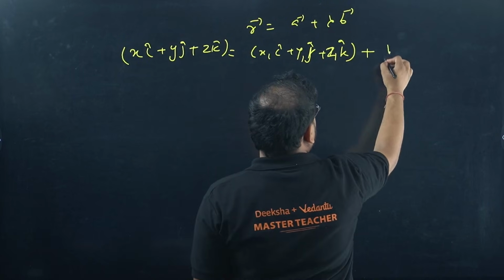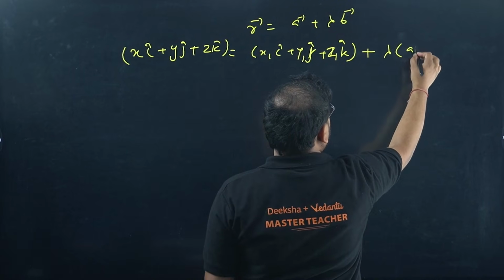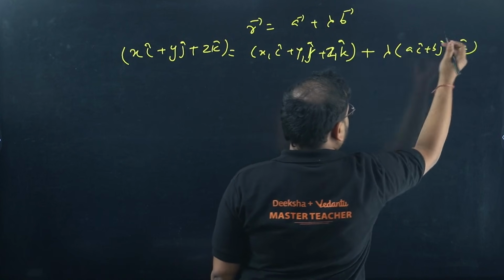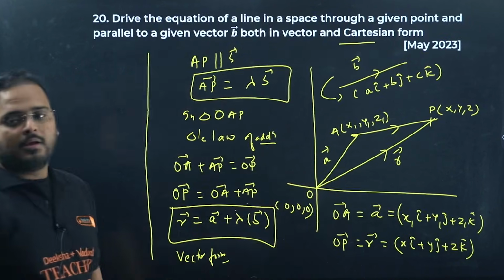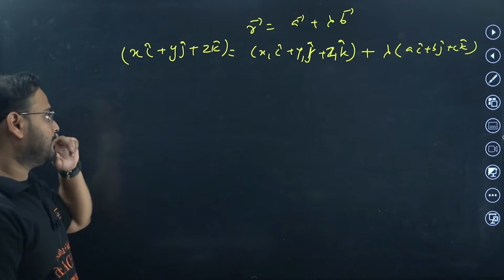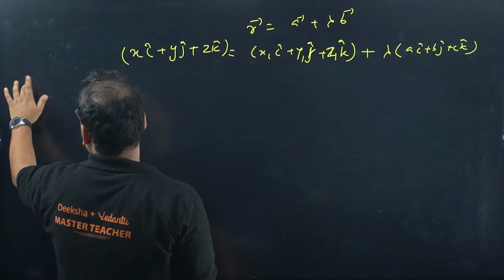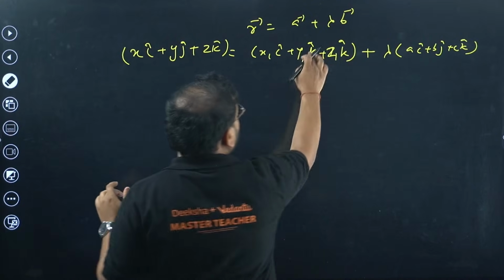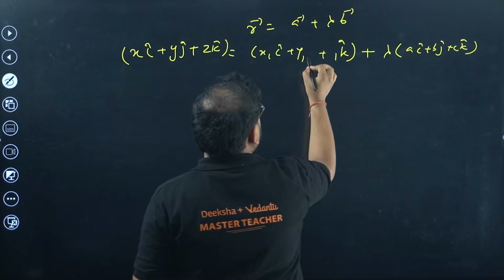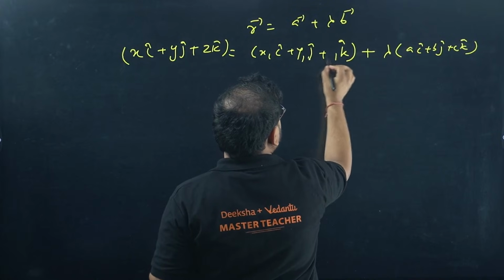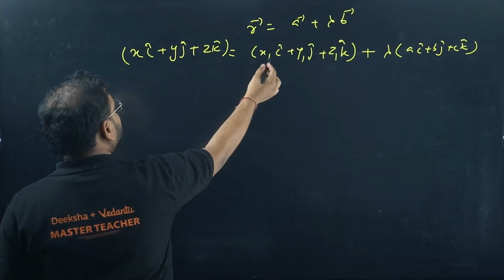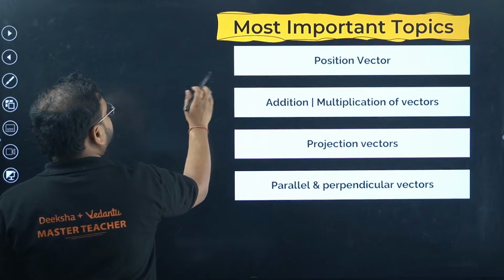Lambda is just lambda, and B is a i cap, b j cap and c k cap. Cross check once: A is here, R is here and B is up there. Let me rewrite that. This is j cap and this is z1.